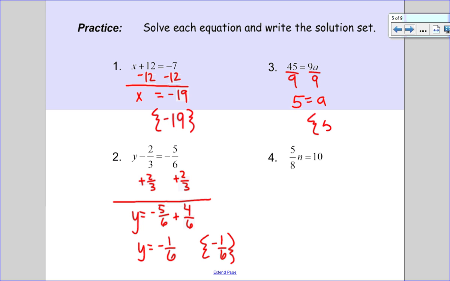So our solution for a in the equation is 5. And number 4, again, we will multiply by the reciprocal, isolating our variable n and setting that equal now, when we cancel our fractions, to 16.